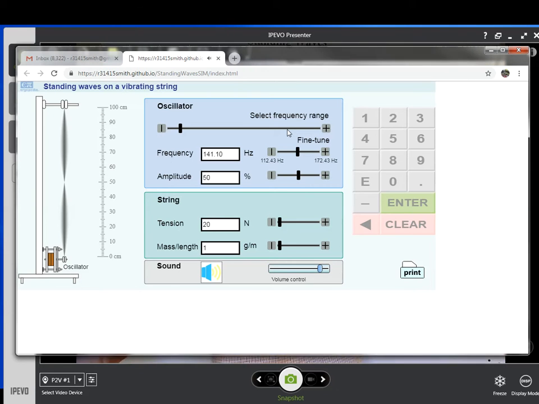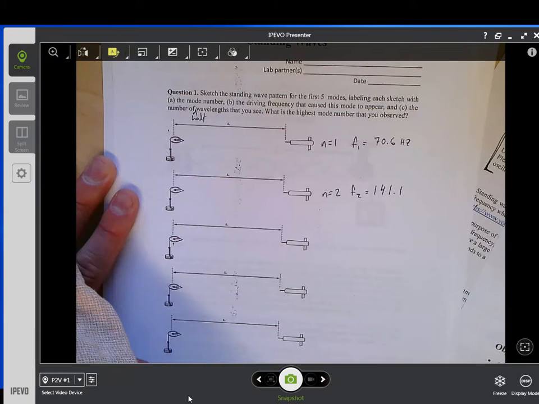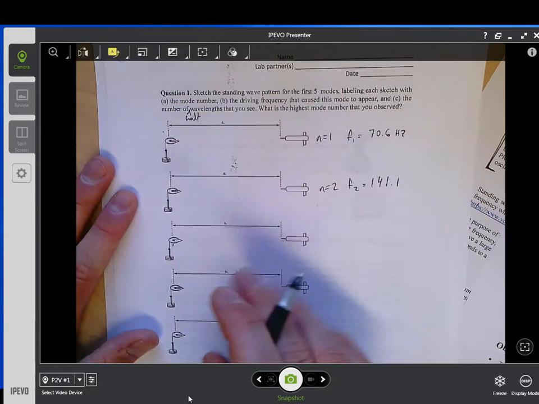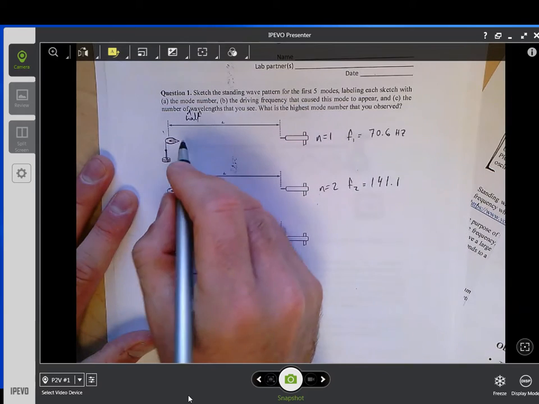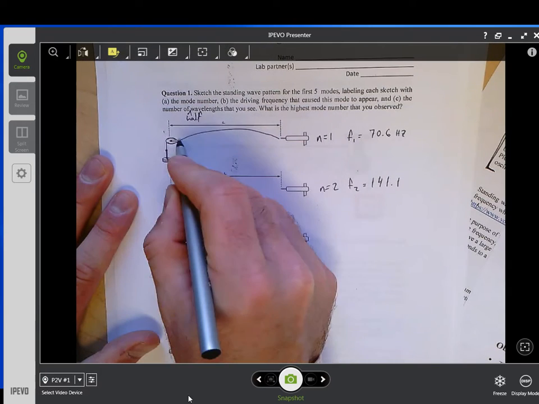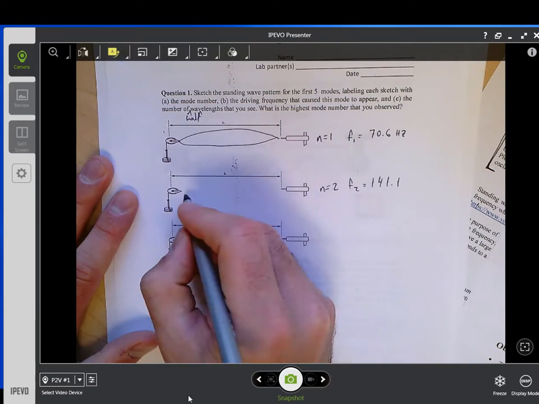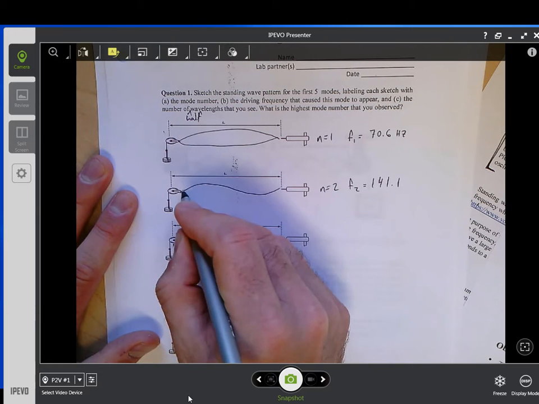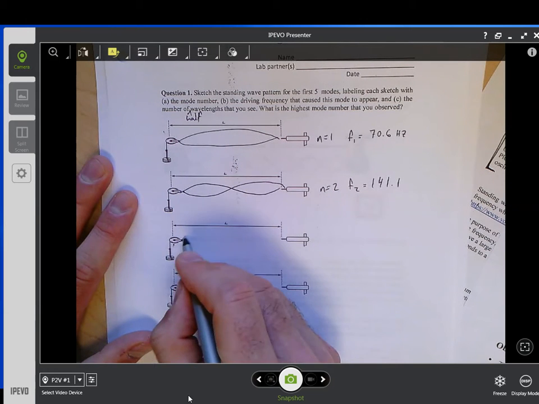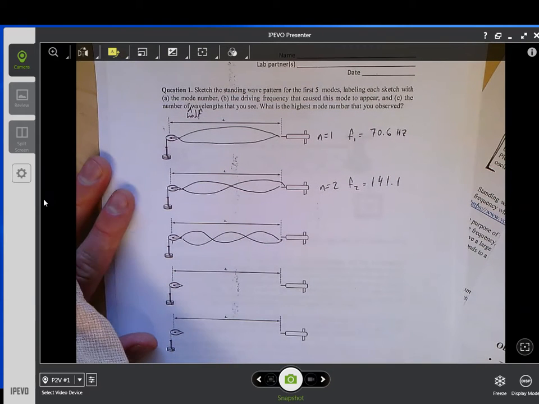So I'm going to say the number of half wavelengths that actually appear, and I'll start drawing these pictures here. Number of half wavelengths that appear. I would say that this one looks something like this and like this. The second one looks something like this. The third one looks something like this. I'm already sort of drawing what these are going to look like here.